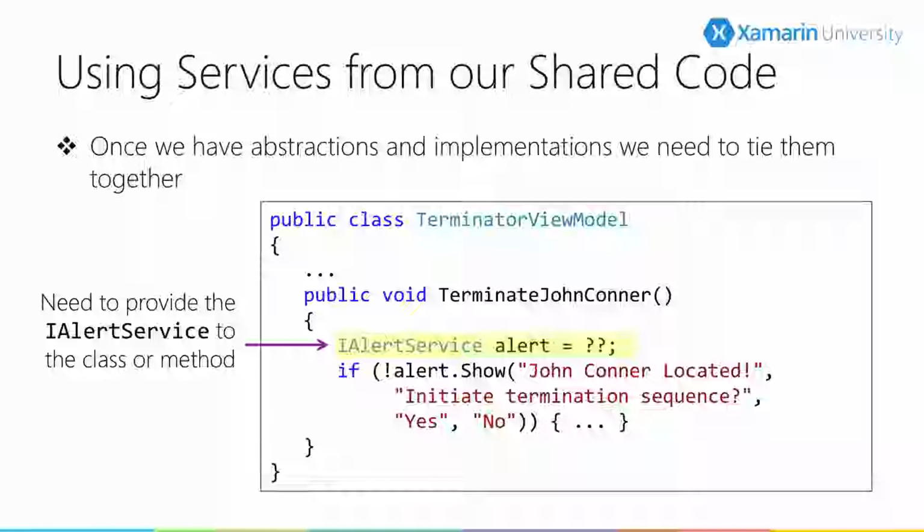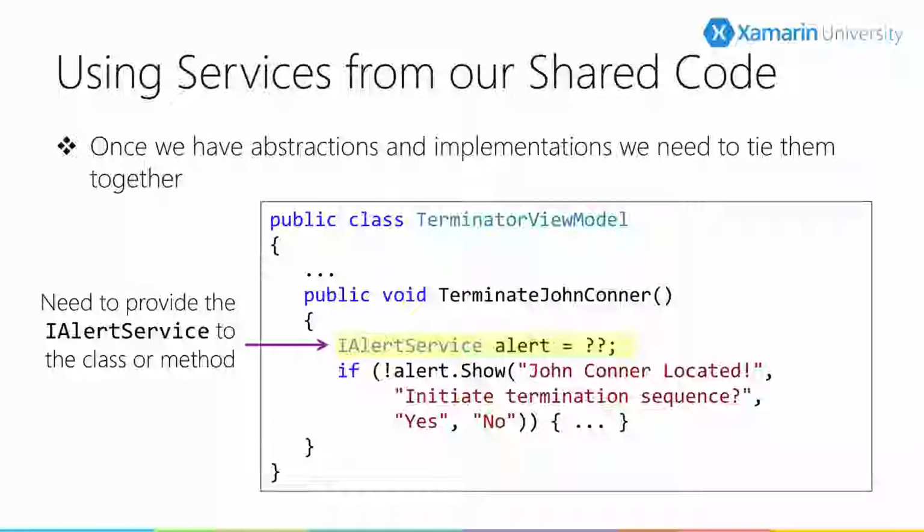But remember, the setup of our projects usually dictates that our shared code, our .NET Standard library, or maybe you still have a PCL, cannot directly reach the platform-specific code. So somehow we need to find a solution to get access to the concrete implementation, to replace these two question marks that you see highlighted here.